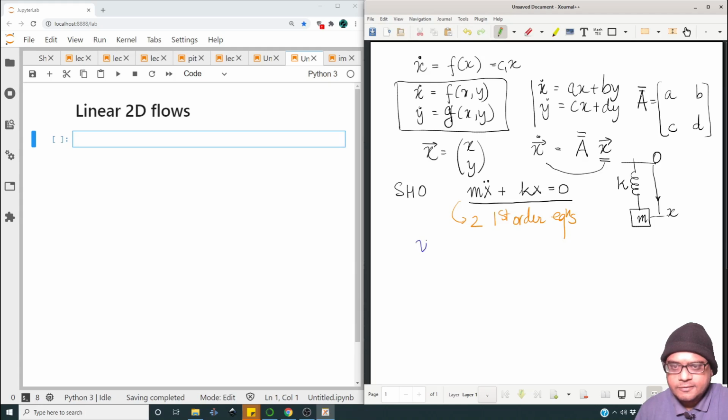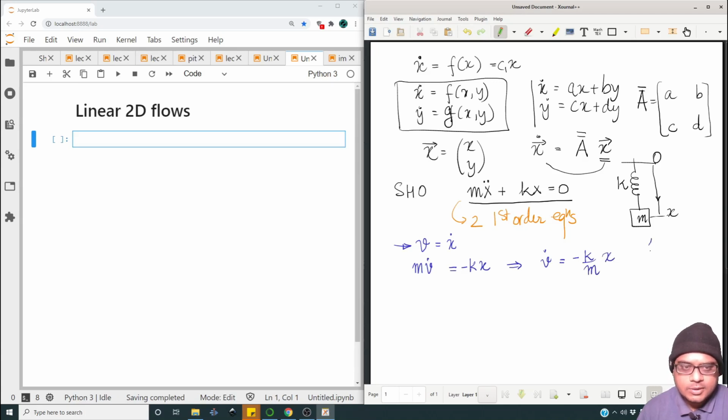So let v be equal to x dot, and consequently v dot is essentially x double dot. This is the basic substitution. If v equals x dot, we can write m v dot equals minus kx, or v dot equals minus k upon m times x.